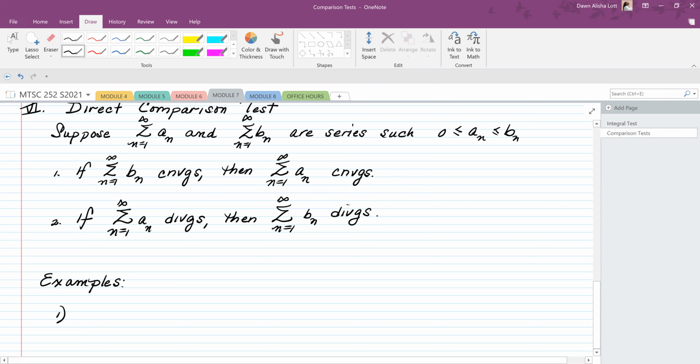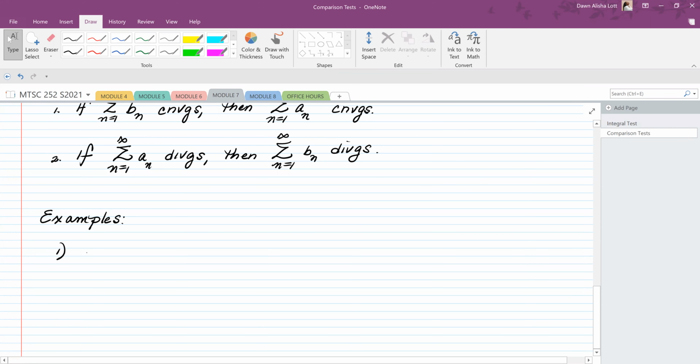So the first example is the summation n equals 2 to infinity of 1 over n minus 1. For obvious reasons, I cannot start this series at n equals 1, so it starts at n equals 2.